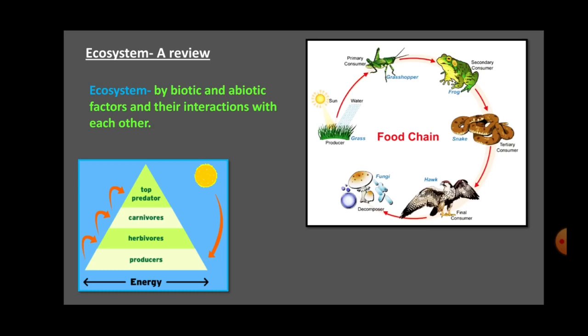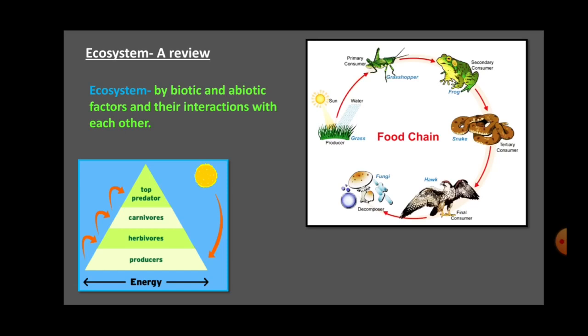So here again abiotic factors are included, such as sun and water, and biotic, you can see a number of living organisms. Now we have also studied that any disturbance in the food chain will lead to disturbance in the nature and the environment, and that we personally are witnessing right now.